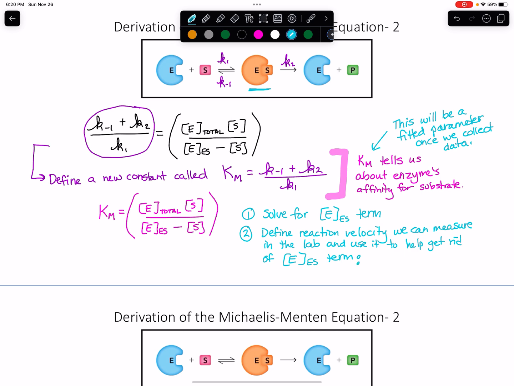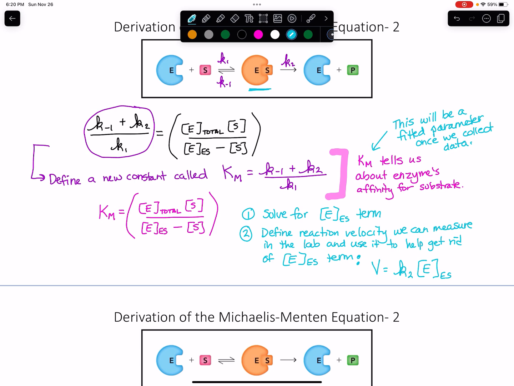So velocity is equal to the reactant, our enzyme substrate complex, times K2. That controls product formation.